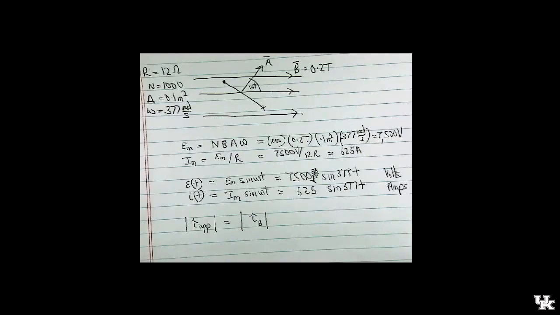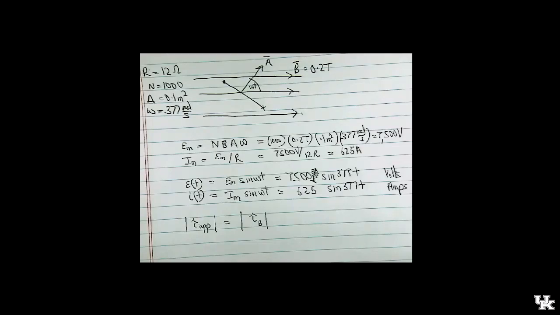Remember in the translational case, I had to apply a force to move the rod on the rails because there was a magnetic force opposing the motion, created by the induced current in the magnetic field. The same thing is going on here.